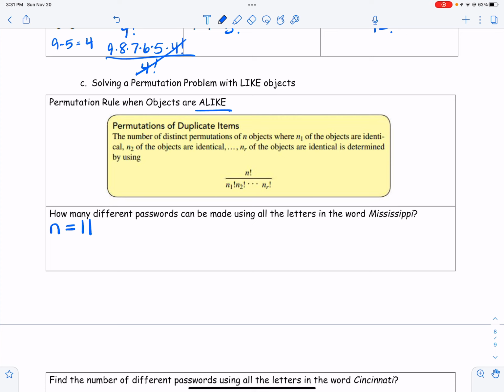Then you're going to cross off any letters that do not repeat. So if I take out the M, that's the only letter that does not repeat, okay? Then I'm going to write the letters that repeat and how many times they repeat. So I repeats 4, S repeats 4 times, and P repeats twice, okay?